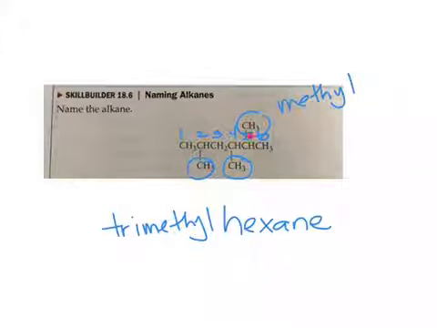So those are the substituents that are equal distance from the ends. Because they're both one in, that doesn't give you any idea of which end to count on. So that's why you move to the second substituent. You want to count from the end where the substituents are closest. So this CH3, if we count from this end, comes off of carbon 4, but if we count from this end, it comes off of carbon 1, 2, 3.